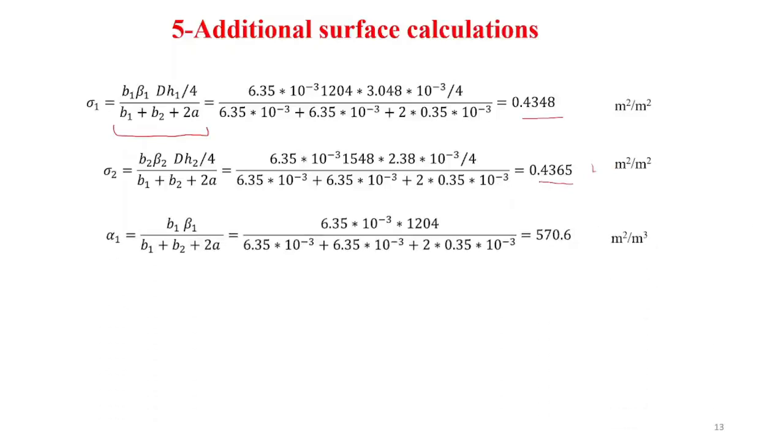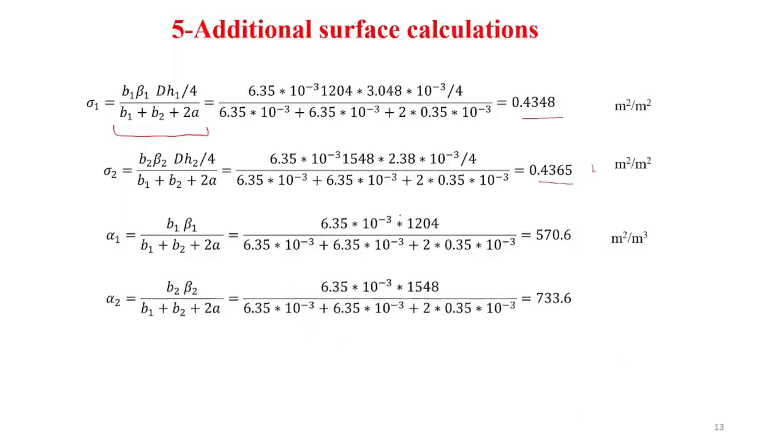Also alpha 1 and alpha 2 we have to calculate based on the expression, and we found that alpha 1 is 570.6 meter square divided by cubic meters, which is the heat transfer area divided by the volume of the heat exchanger. The same thing also for side 2.